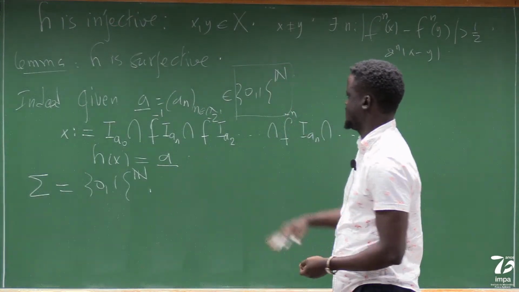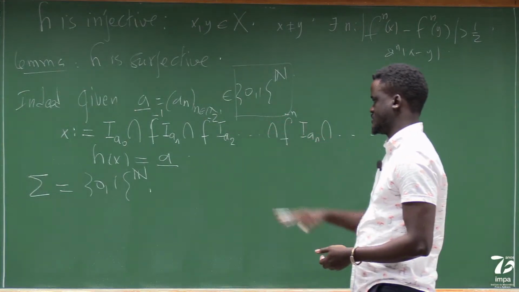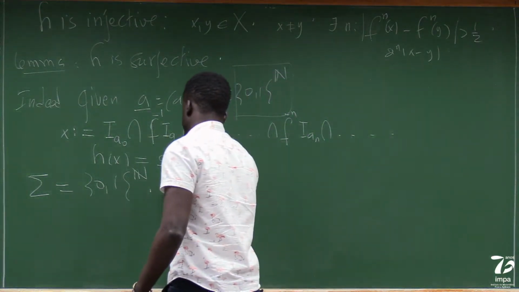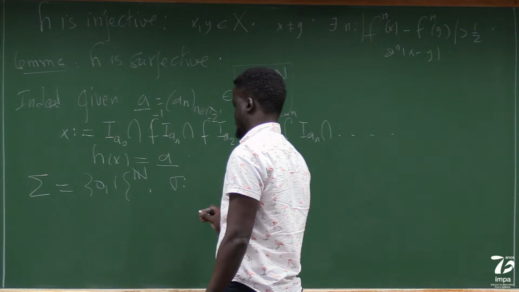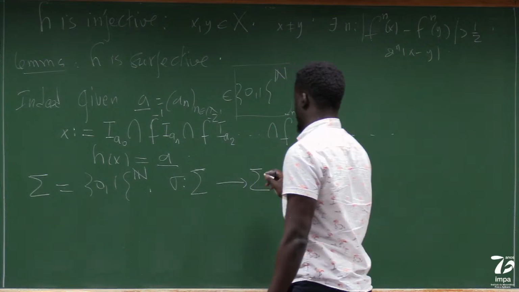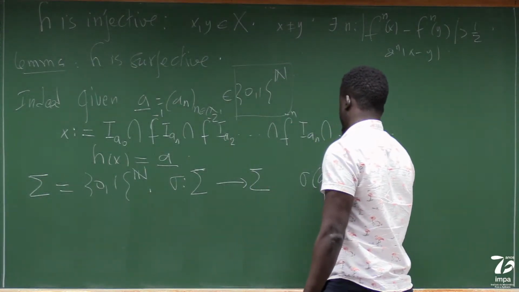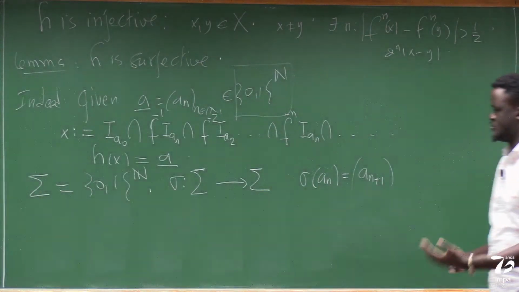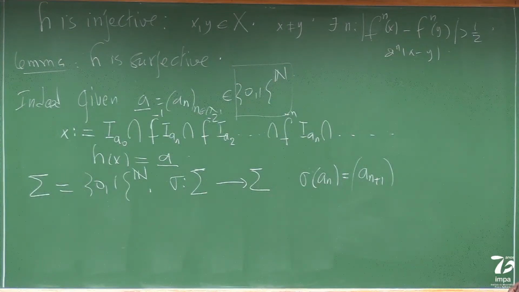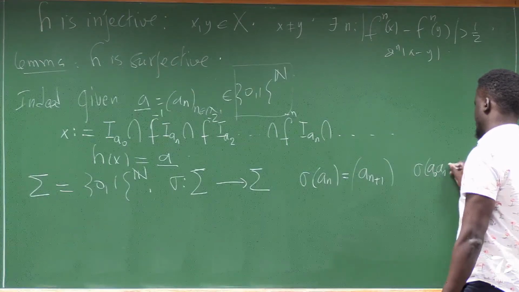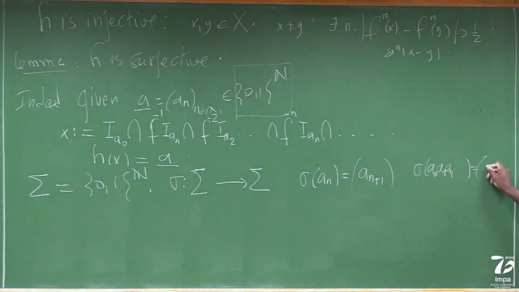I haven't put any topology here; I will do that later. In this space you have a dynamical system called the shift map sigma. It takes sigma of (a_n) equals (a_(n+1)). You're just shifting to the left. This is just saying that sigma of A0, A1, A2, and so on is A1, A2, and so on.